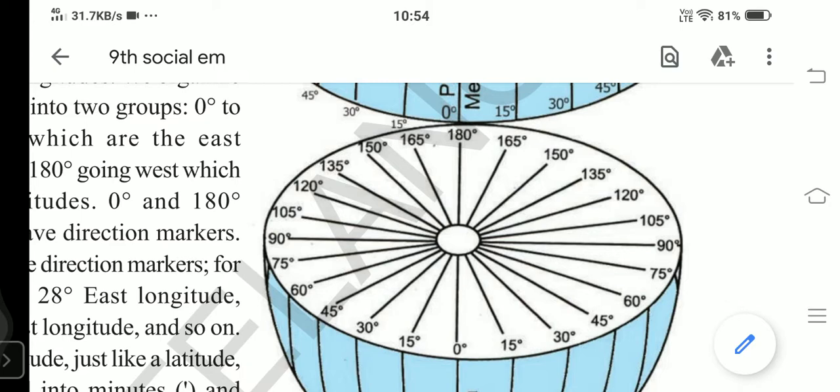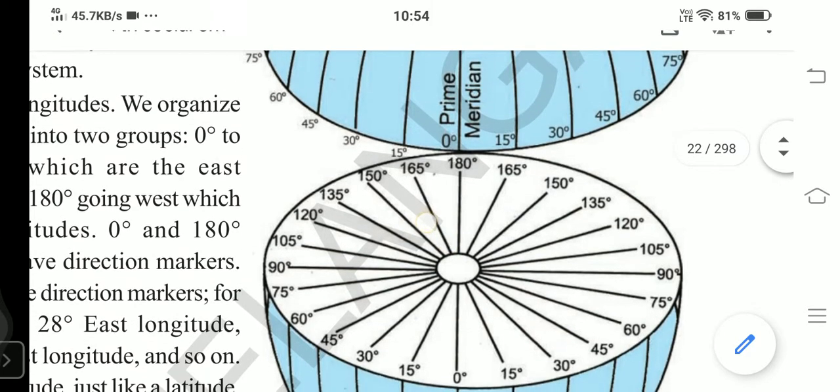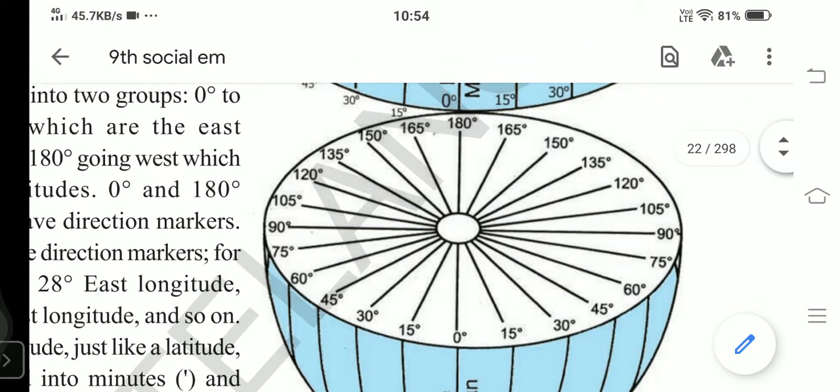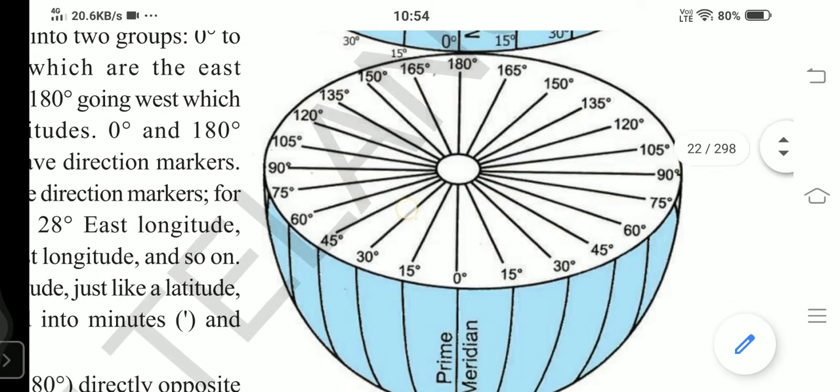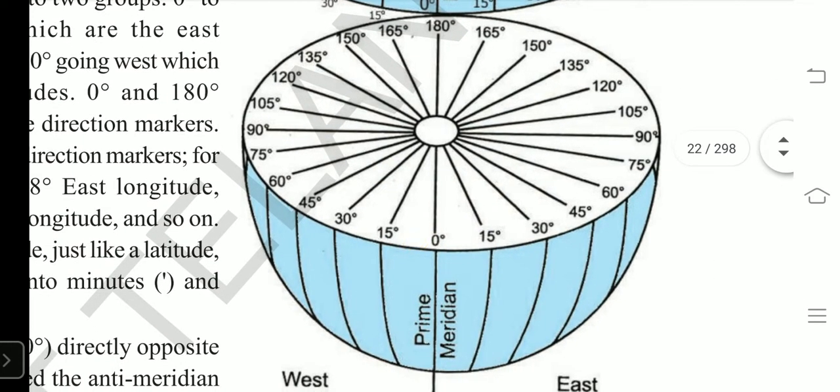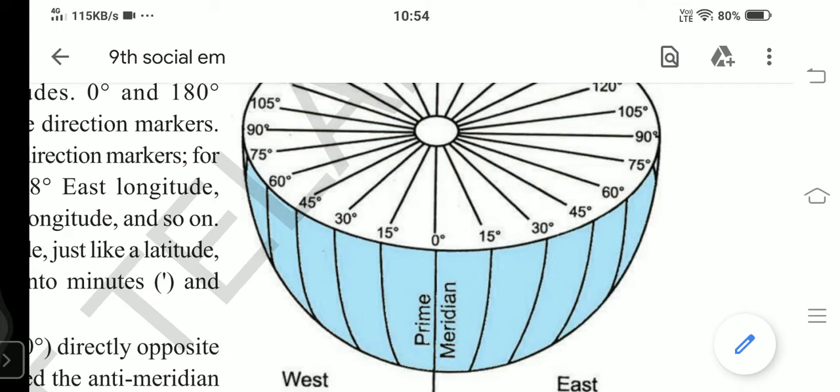Okay, and here also we have to use the symbols degrees, minutes and seconds. Understand? So there will be a change of time going to the east and going to the west. For example, if we want to say 30 degrees longitude, which is in the Eastern Hemisphere, we have to show it with 30 degrees east longitude.